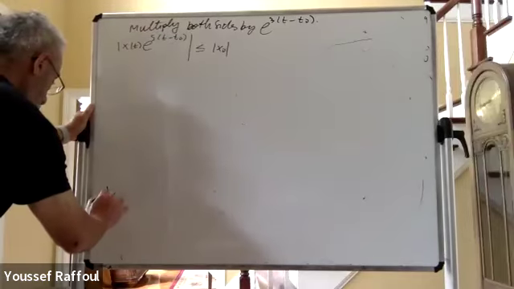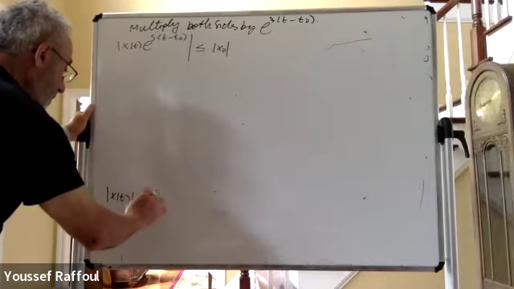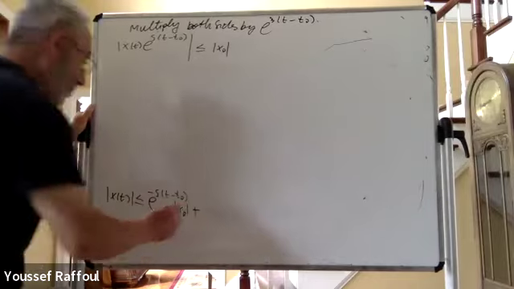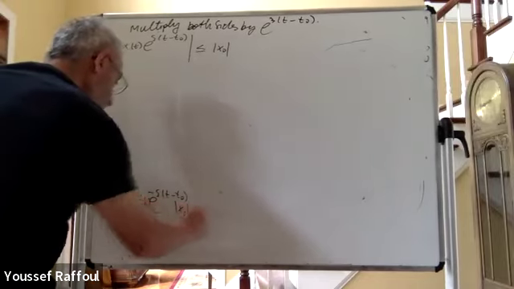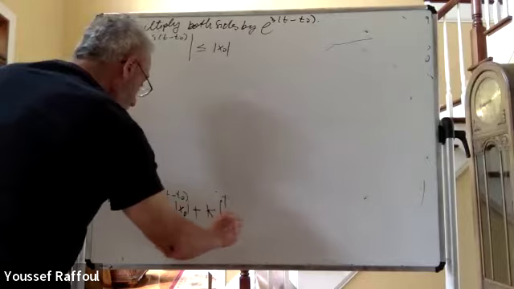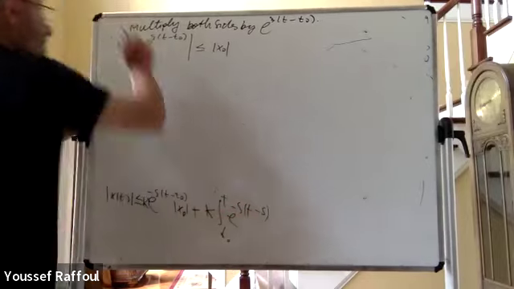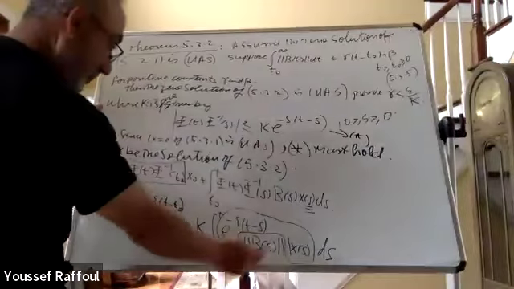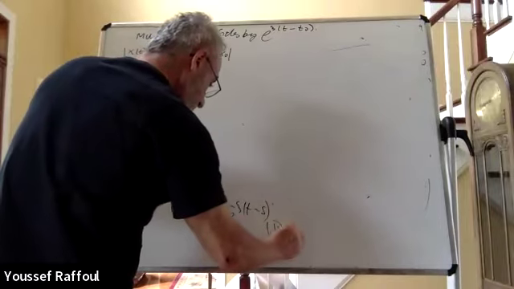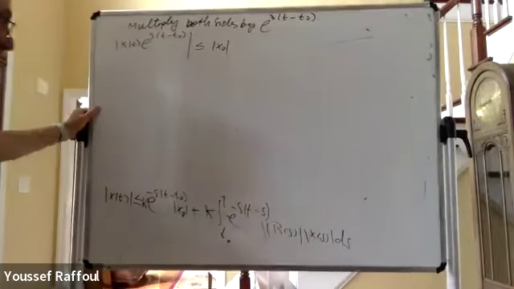Okay, you remember what x of t is. Less than or equal to e to the minus of C (t minus t naught) x naught plus K, integral from t naught to t, e to the minus of C (t minus s) ds x of s. So this is what we have.